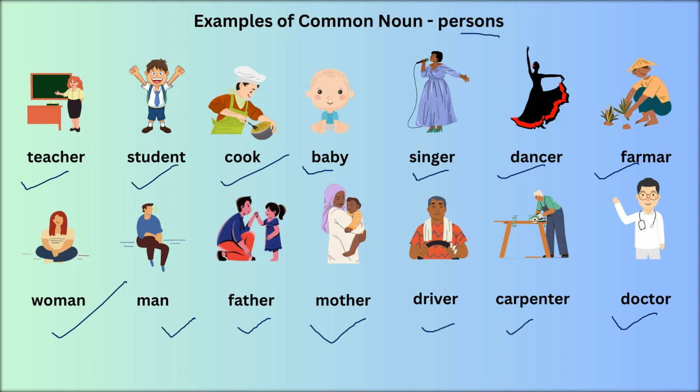Now there can be many more examples like lawyer, engineer, actor, anyone. If we are not using the names, then it will be known as a common noun, or he or she will be known as a common noun.